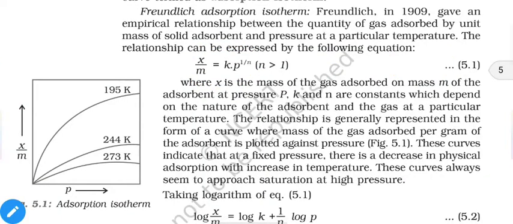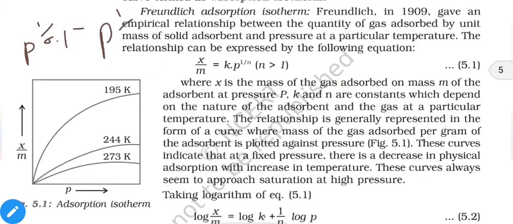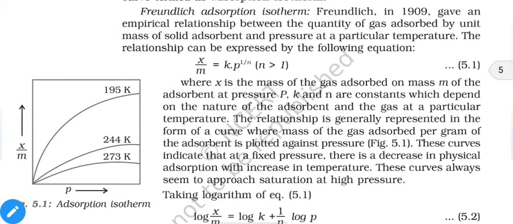That means it will range from p raised to 1/0.1 to p raised to 1/0.5. Okay, and a large effect of pressure will be observed, but not throughout a wide range of pressure. That means after a certain pressure you won't see any change in adsorption.